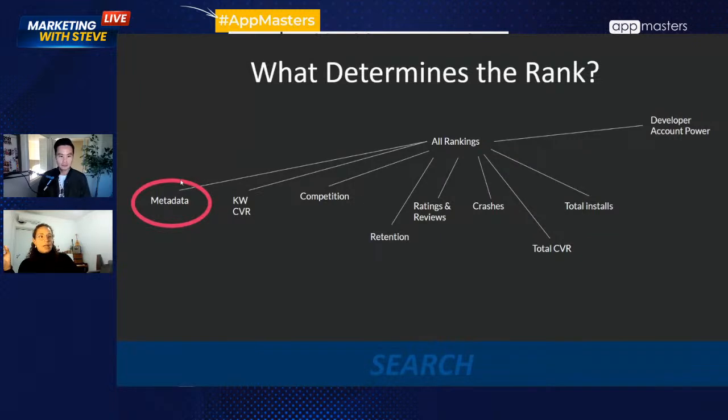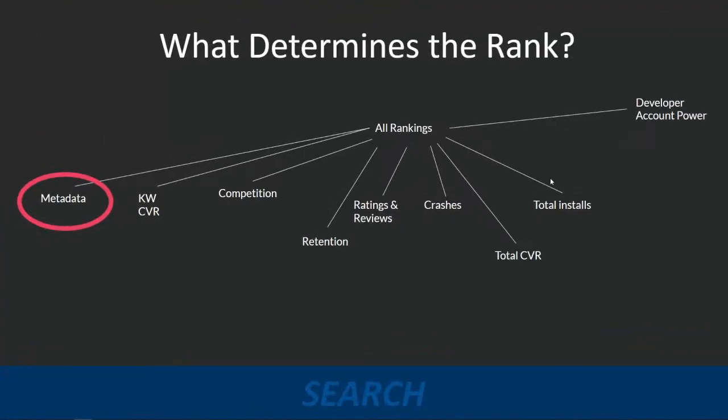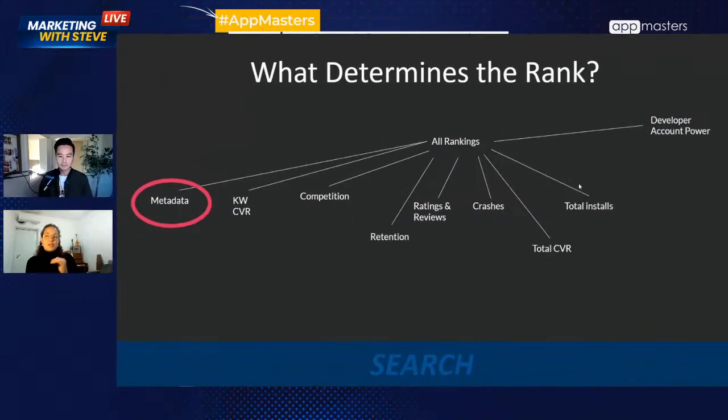Metadata, having the keyword in the metadata, is just one factor that affects whether and where we are going to appear for a keyword. We have tons of other things like developer account power, and so on. In terms of your question, total installs is one very big factor which affects the rank.